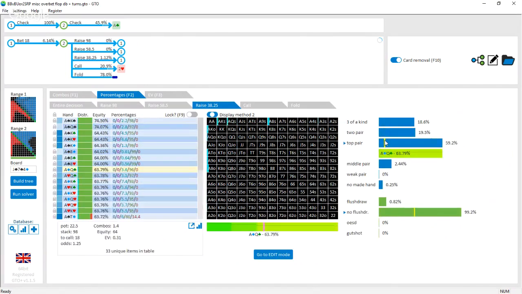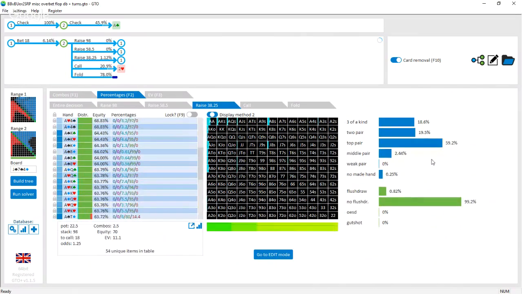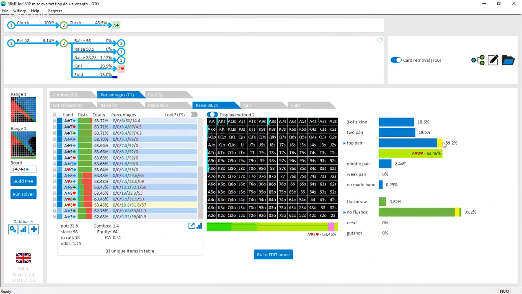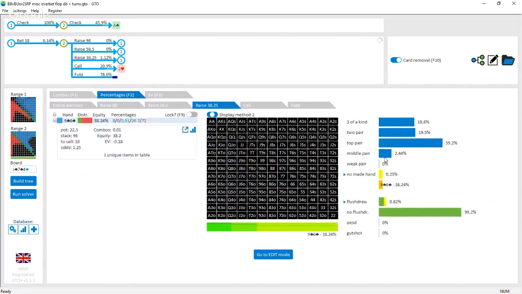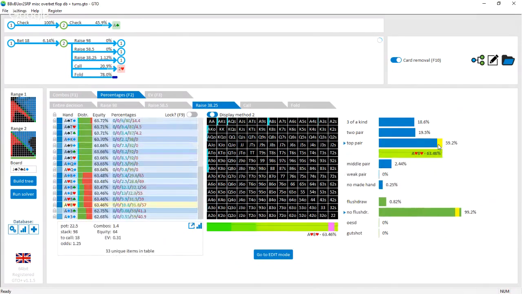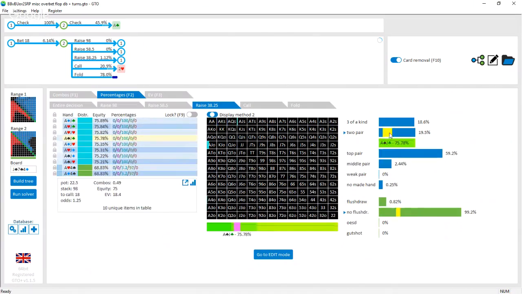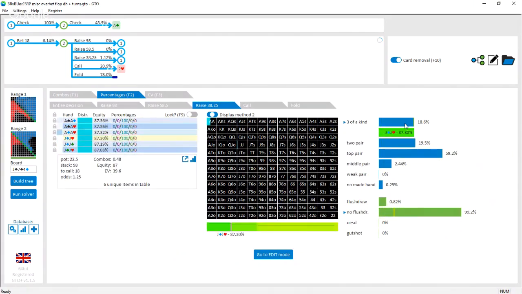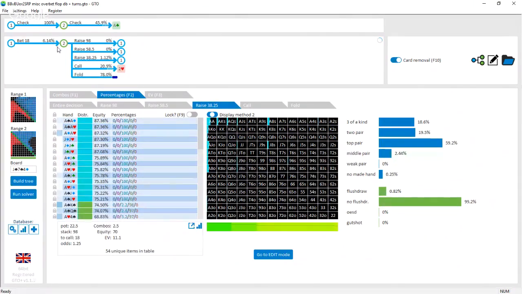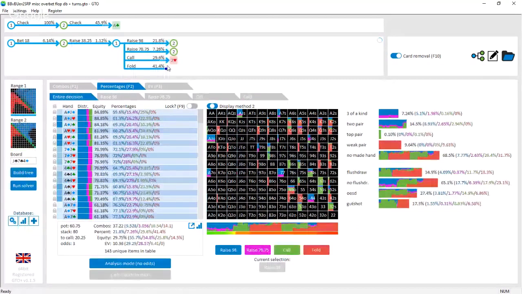It's like trips, two pair, some top pair, right? It's a lot of top pair. So like, is raising these top pairs as a bluff? Yeah, because they're trying to rep trips, essentially, against the overbet.